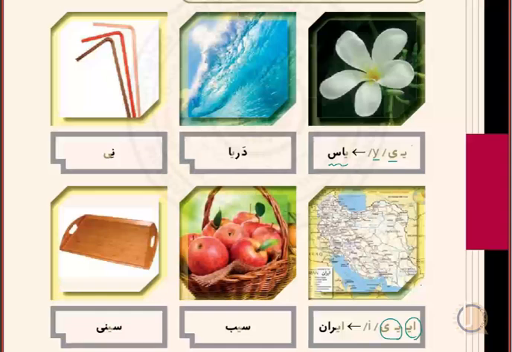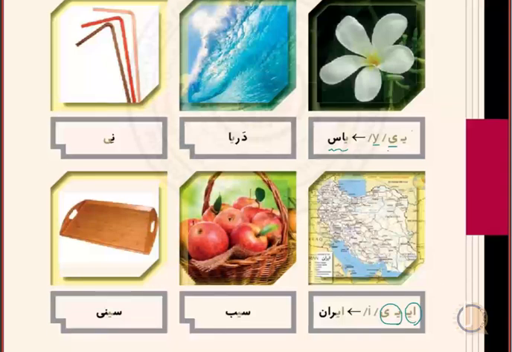The name is ye, but here the sounds are different. It sounds e. All right, here we have the e sound for the beginning position, middle position, final position, as in Iran. Sib, middle position, apple. Sini, actually this one also has the e sound.